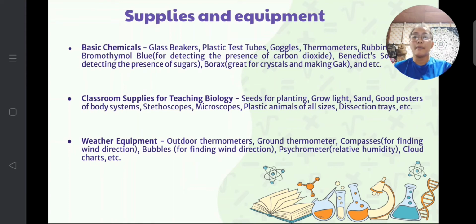So what we are going to have is the seeds for planting, grow light, of course the sun, good posters of body systems, the stethoscopes, if you have one, the microscopes also, the plastic animals of all sizes, dissection trays also, and so on.